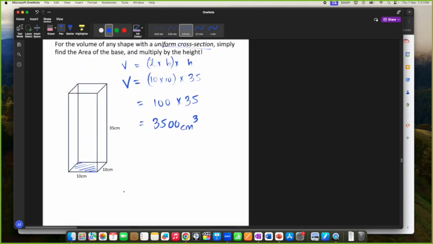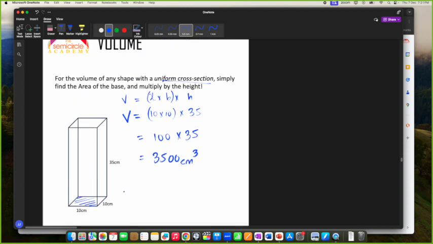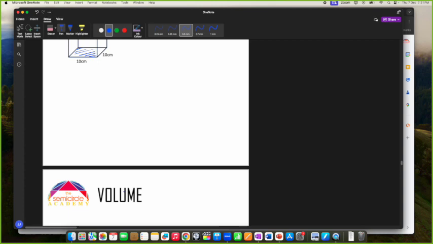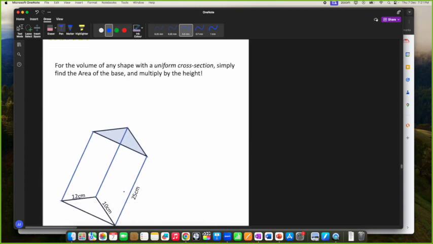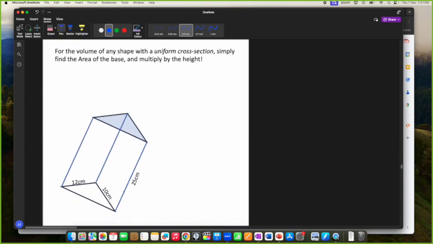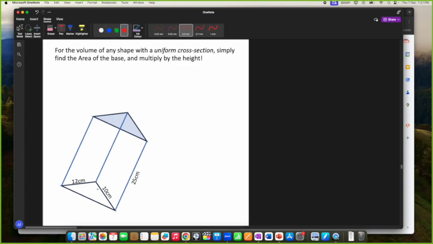All right, so we have the volume of a cross-sectional shape. But look, I have the volume of this. This is another cross-sectional shape. And I was supposed to say that this here is a right angle triangle.